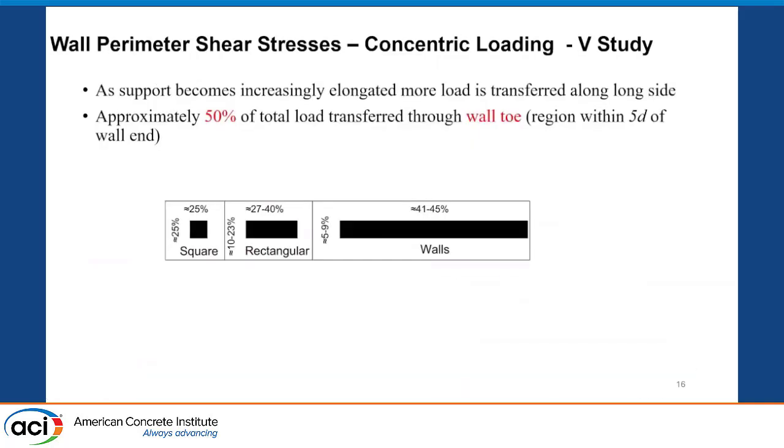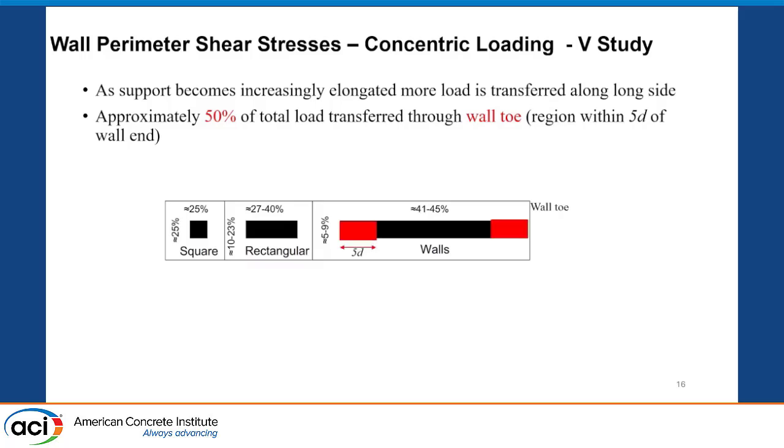Okay, so in that case, the other study was done on how much load is transferred along each side of the wall, and you have a square column, rectangular, and then a wall, and you can see that more and more load is transferred along the long side of the wall with one-way shear.